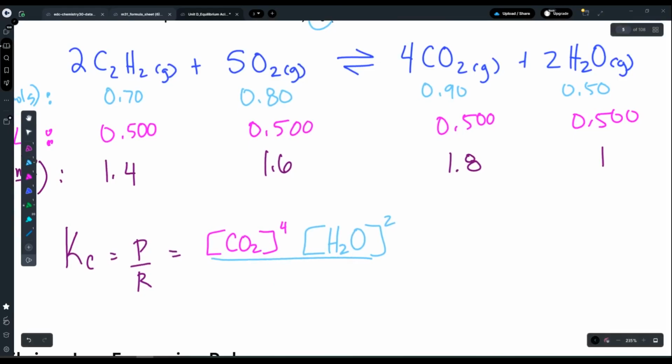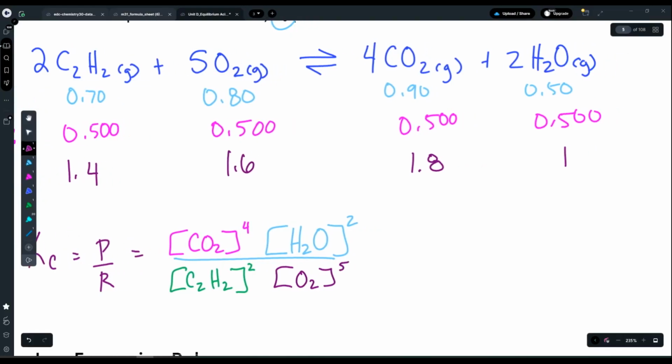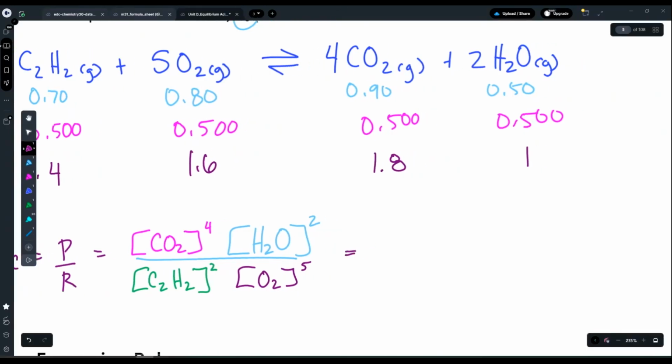divided by ethyne raised to the coefficient, which is 2, and then oxygen raised to the power of 5 because that's the coefficient. Now that we've figured out where the concentration of each substance goes, we can plug in our numbers.